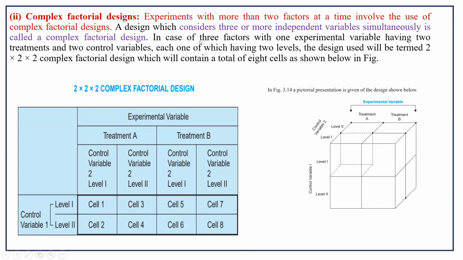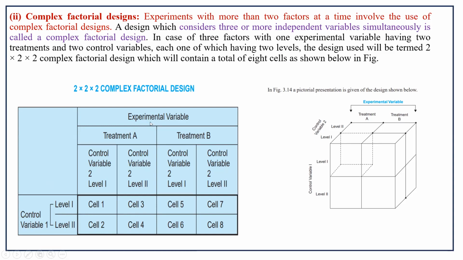In this case we are going to see 3 factors with one experimental variable having 2 treatments. So 3 factors are there, 2 treatments are there, 2 control variables are there, and each of which has 2 levels. You can term it simply a 2 into 2 into 2 complex factorial design.